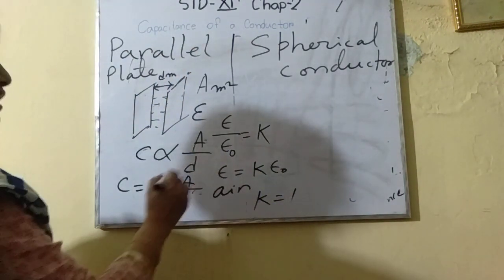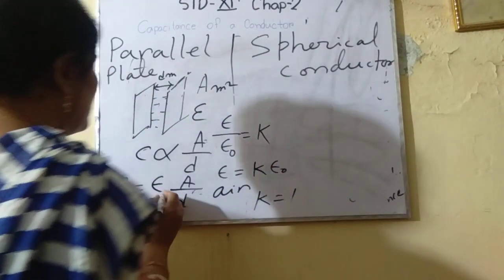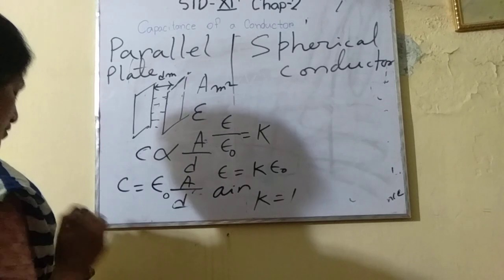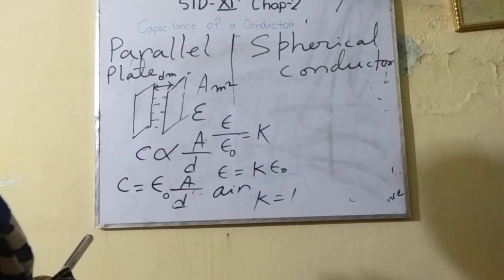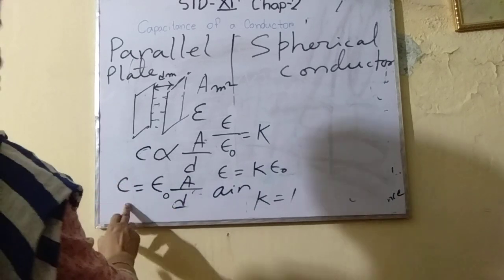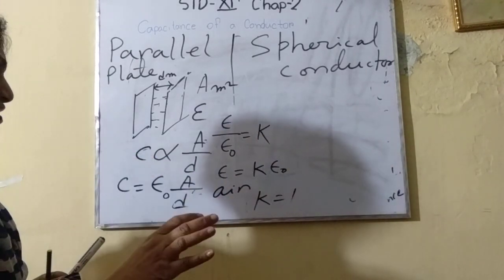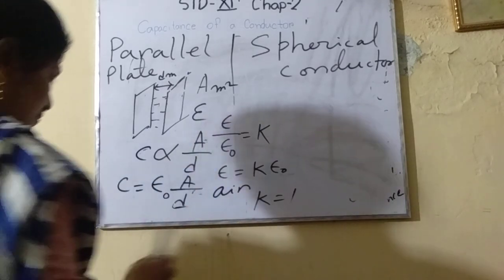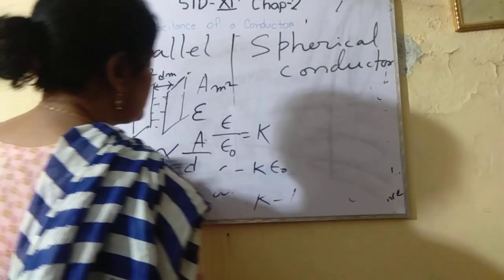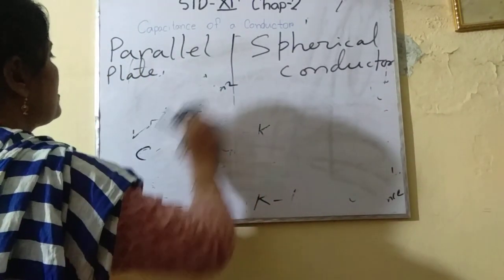So epsilon equal to epsilon naught. So in that case, we can write epsilon naught here. So we get the equation of capacitance of a parallel plate: C equal to epsilon A by d, or in vacuum you can write epsilon naught A by d. So this is about the parallel plate capacitor.